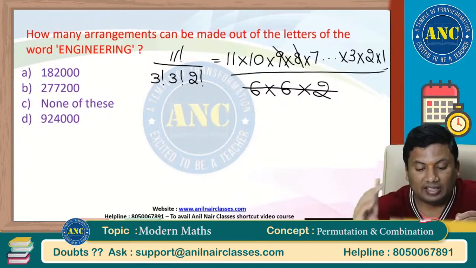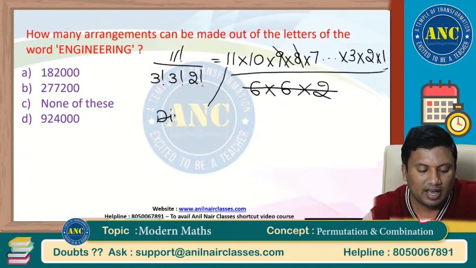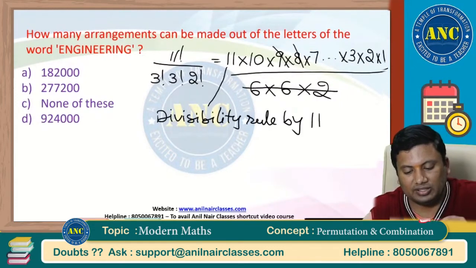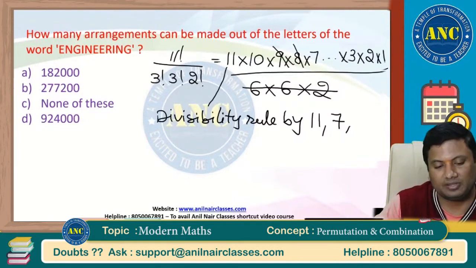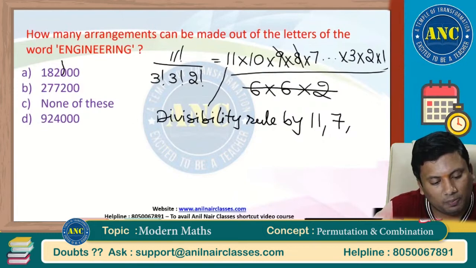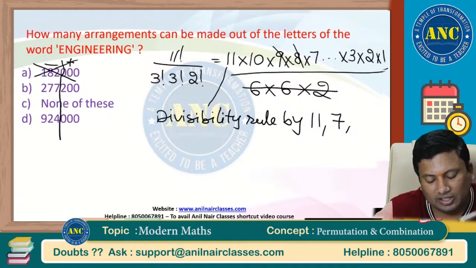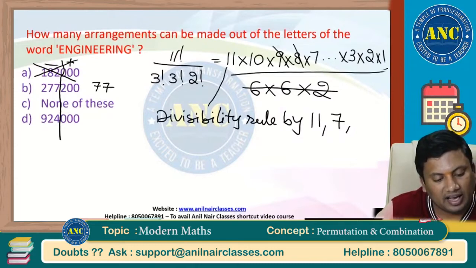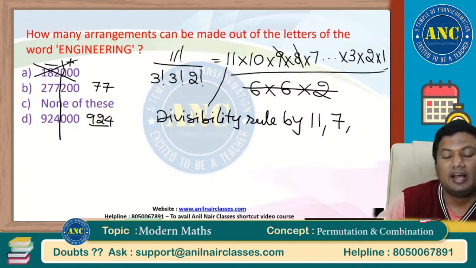That means the answer should be divisible by which number? The answer should be divisible by 11. What is the next prime number? The answer should be divisible by 7. So take a group of 3 digits, alternately plus minus. 182 is not divisible by 11. 277 minus 200 is divisible by 11 and 7. 924 is also divisible by 11 and 7.